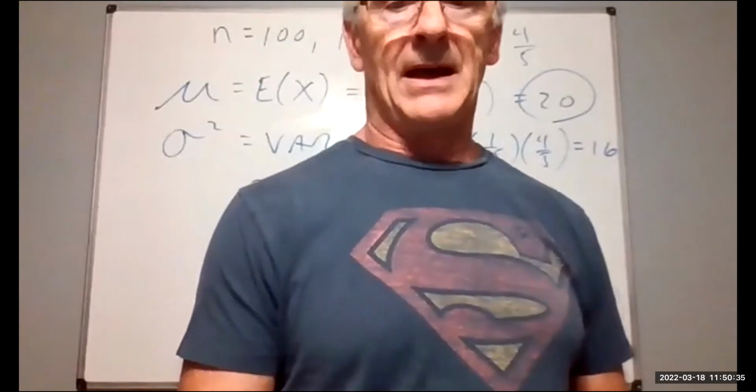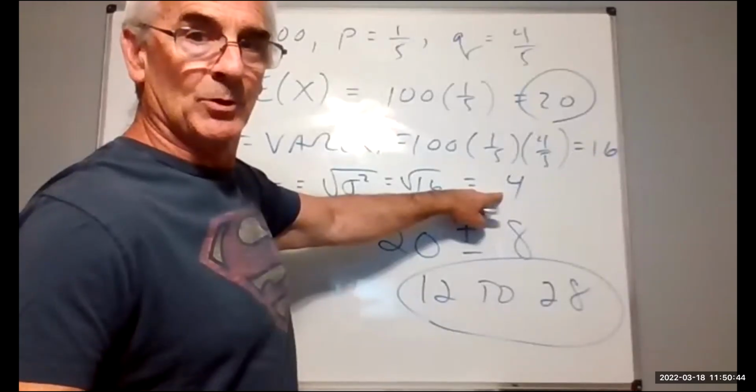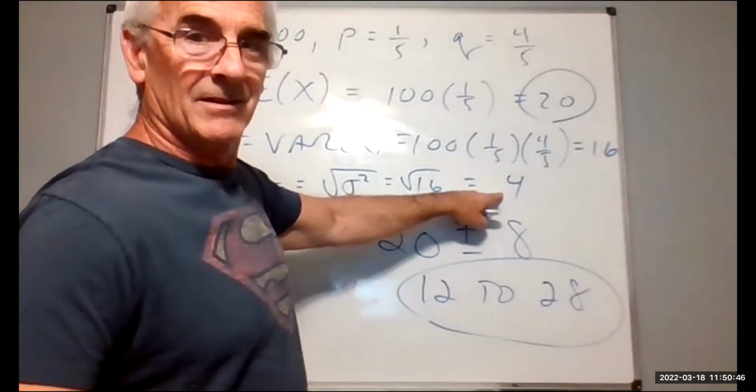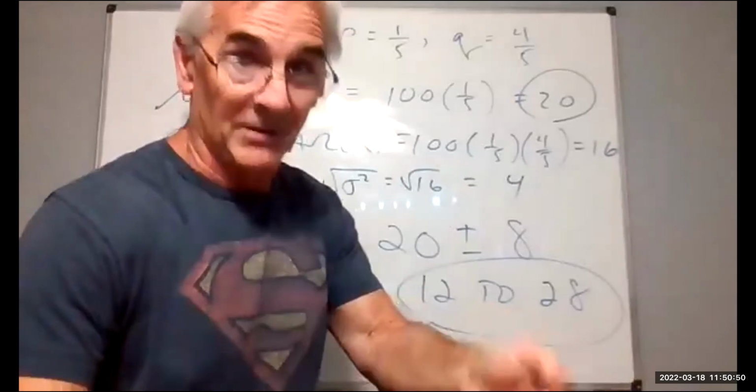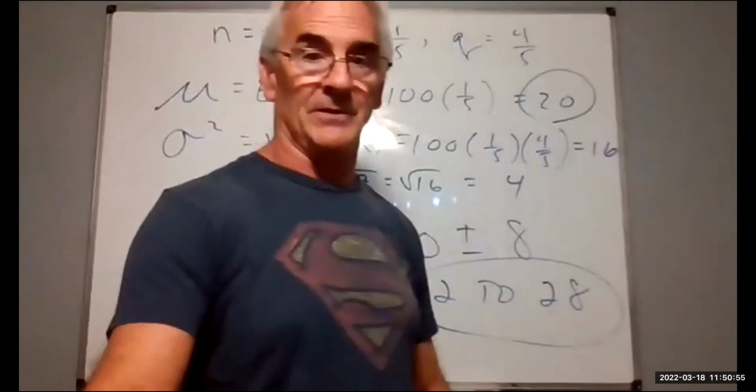So the last question of this cluster. Wait, how did you get 8? What's the range rule of thumb? We've been doing it now. 2 times the standard deviation. Plus or minus 2 times the standard deviation. So if you were to write it out, it would be 20 plus or minus 2 times the square root of 16.